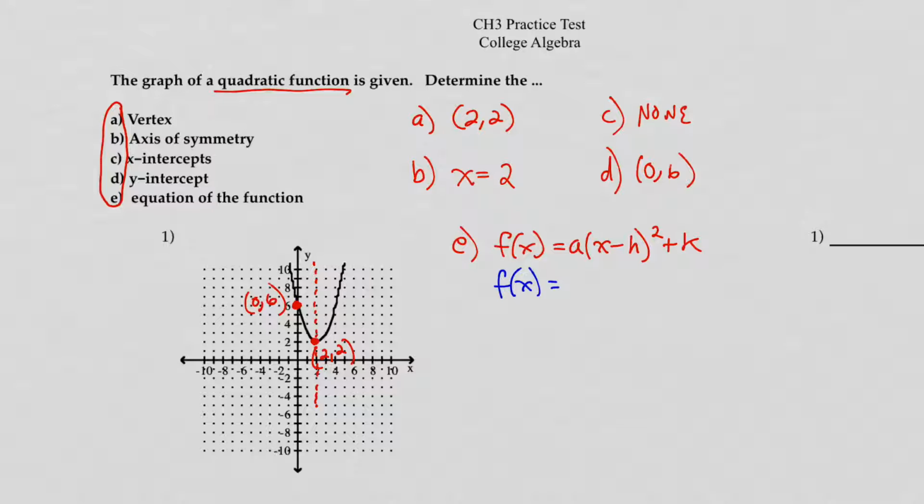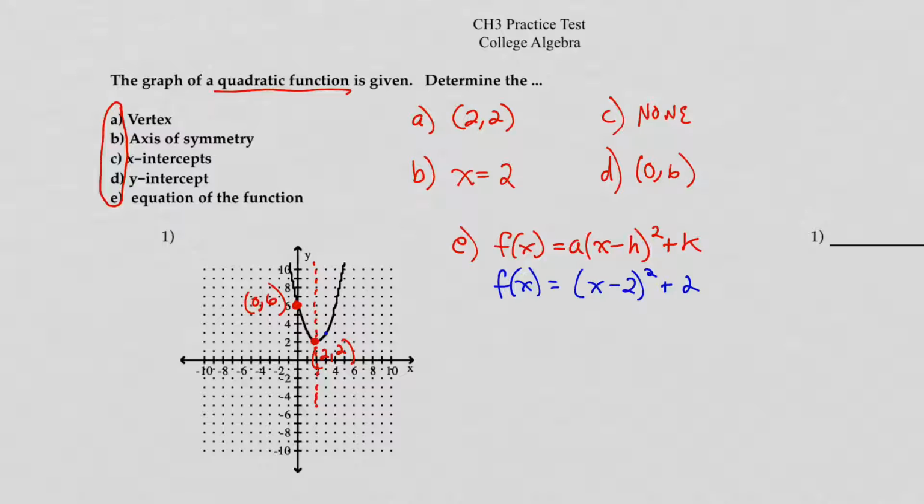We're not going to worry about the a necessarily. We can kind of see that it's a 1, but in this case we're just going to write x minus 2 squared plus 2. Okay, so not so bad when the graph is already given. We can just start identifying things.